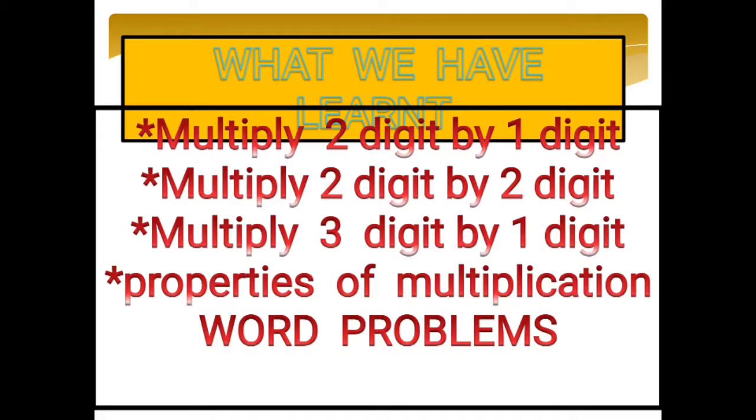So at the last, I want to say what we have learned. Multiply 2 digit by 1 digit, multiply 2 digit by 2 digit, multiply 3 digit by 1 digit, properties of multiplication, and lastly the word problem. See, whatever number of multiplication, like 1, 2, 3, 4 and 5, they are all the same. The only difference is the tables.